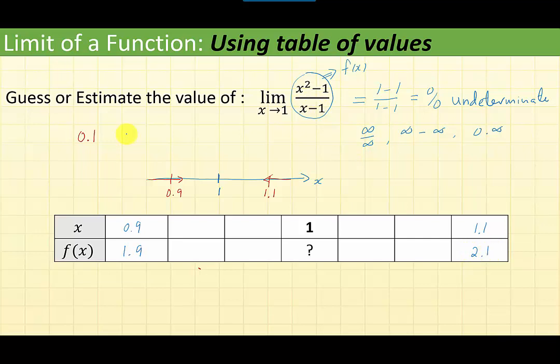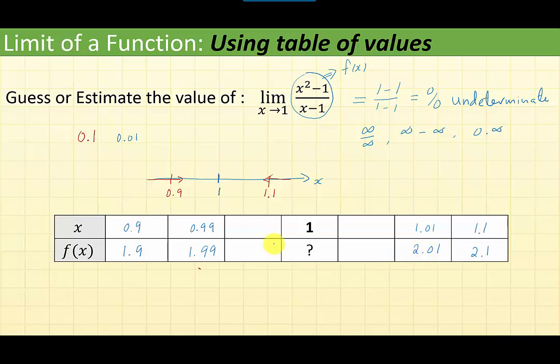Now say we get closer, 0.01 away from 1. So I get 1 minus 0.01, or 0.99, or 1 plus 0.01, that is 1.01. When x is 0.99, f of x gave me 1.99. When x equals 1.01, I got 2.01.